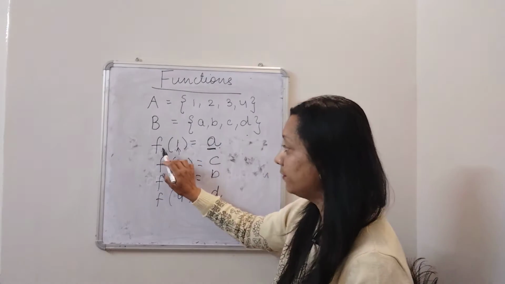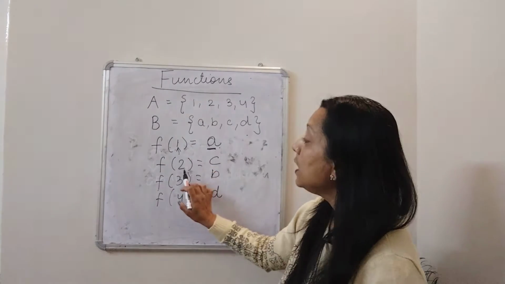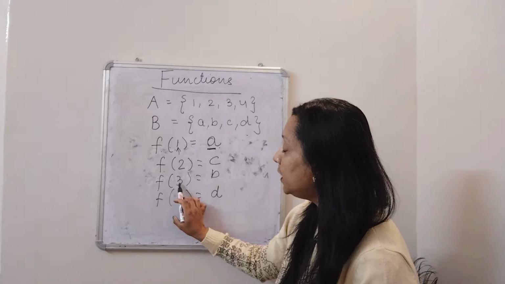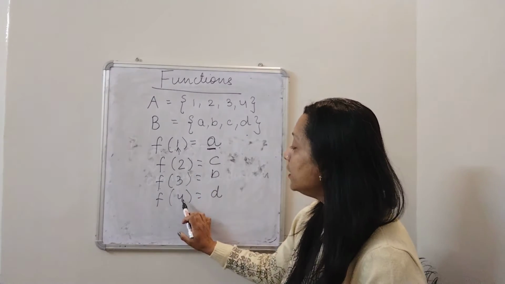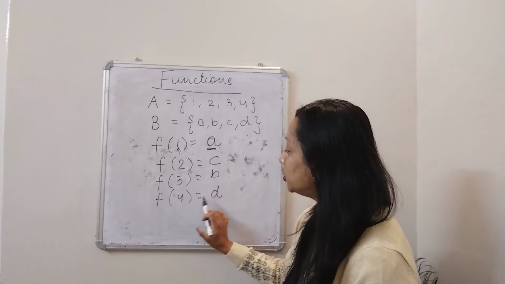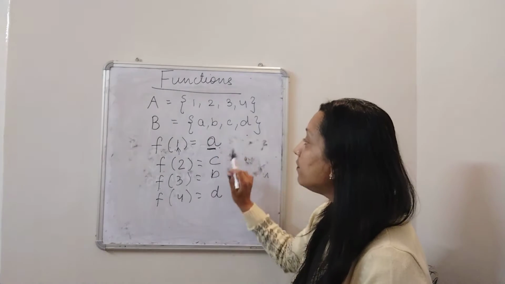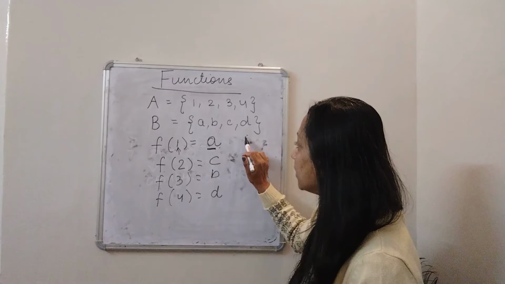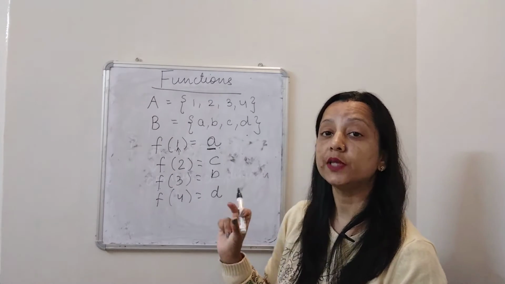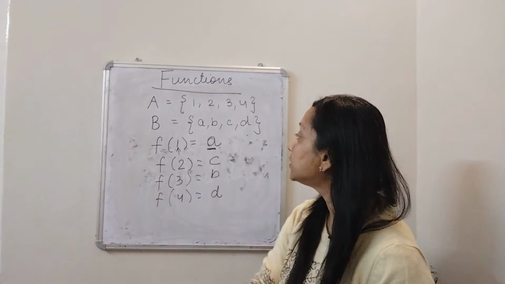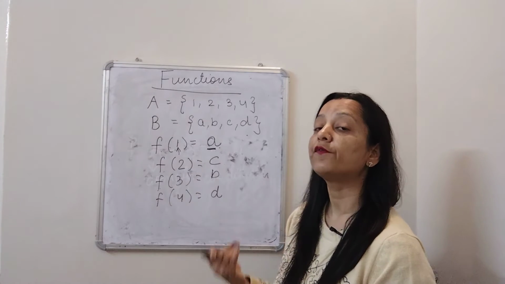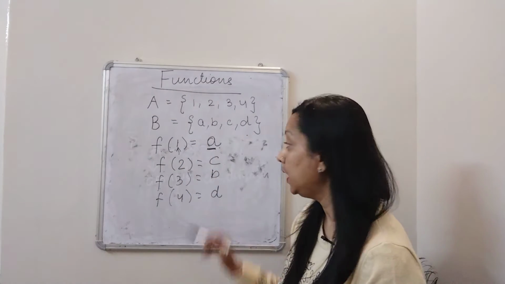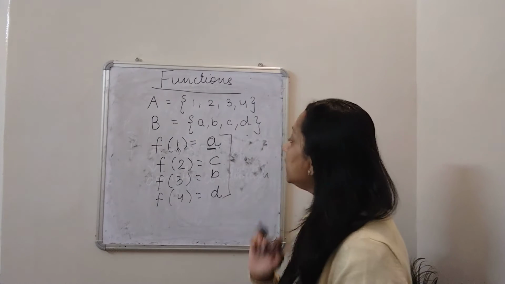Image of 1 at function f is A, image of 2 is C, image of 3 is B, and image of 4 is D. All the unique values from set B that you assign to the elements of set A are known as the images.